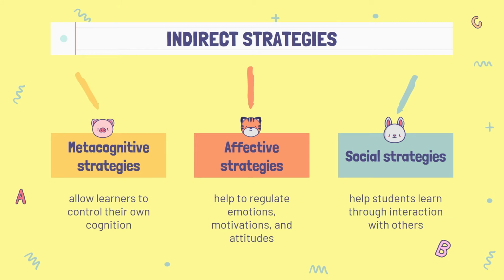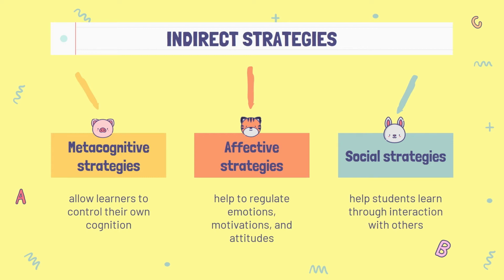Indirect strategies are divided into 3 groups, which are metacognitive, affective, and social. Firstly, metacognitive strategies allow learners to control their own cognition, which is to coordinate the learning process by using functions such as centering, arranging, planning, and evaluating.